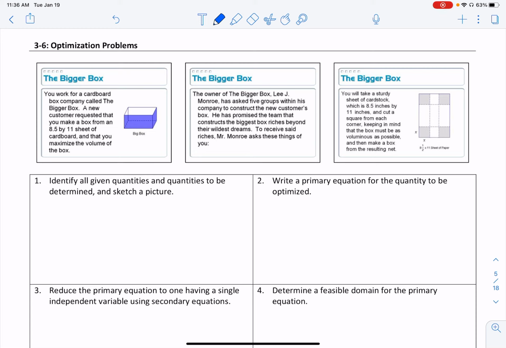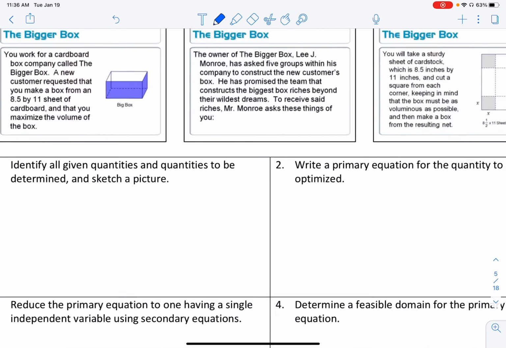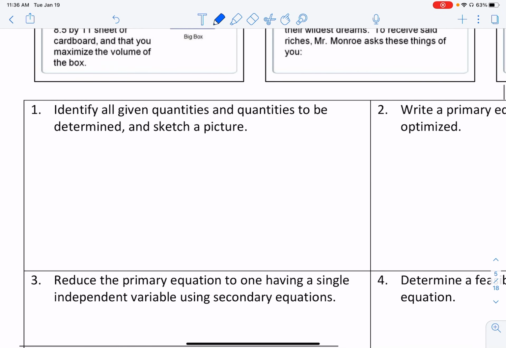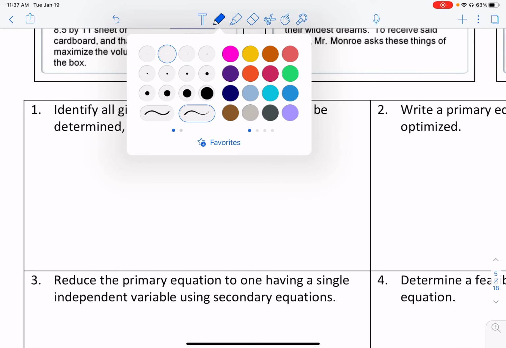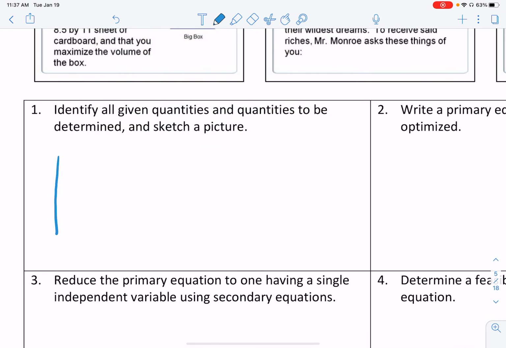What are you optimizing? All right, so we have ourselves a piece of paper, and of course we do have some pictures here that are given, and I'm basically going to duplicate those kind of pictures, but that's not always the case. All right, so I'm going to have a piece of paper, cardstock, right?